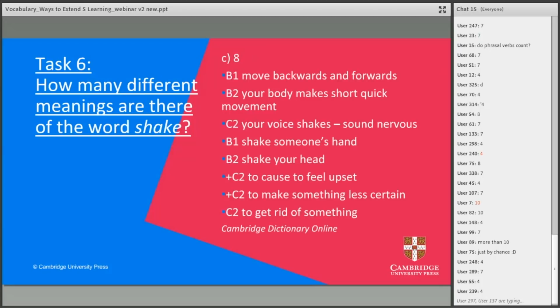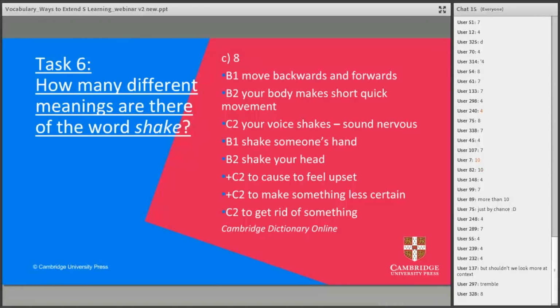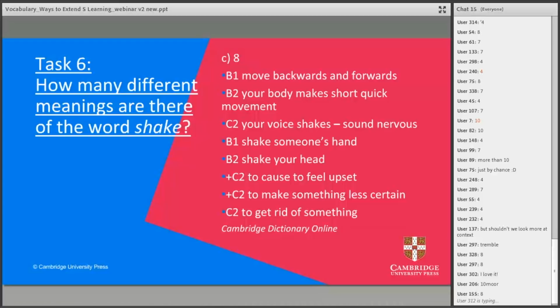Fantastic. Okay, so here is the answer. These definitions I have taken from the Cambridge Dictionary Online, which is a free resource. All you need is the internet, and you type in Cambridge Dictionary Online, and learners can use it.